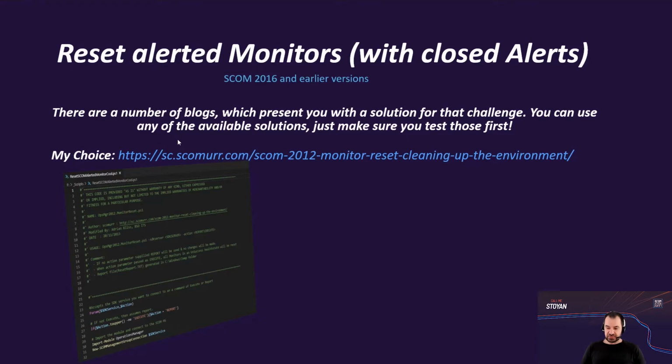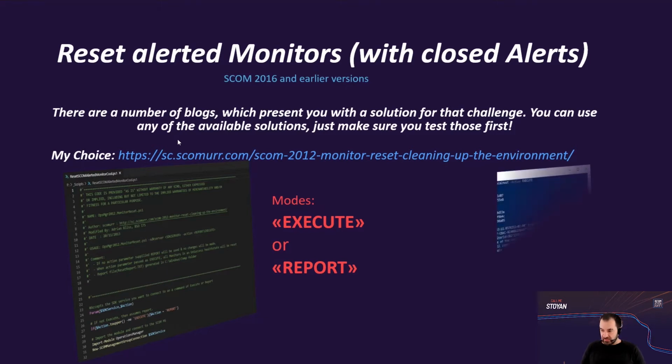This is needed because I have found that very often if you give end users the possibility to do alert management, they tend to forget to check whether the alert comes from a rule or from a monitor, and they just close the alerts. And of course, that's not nice. What I particularly like about this script is that it offers two modes, execute and report.